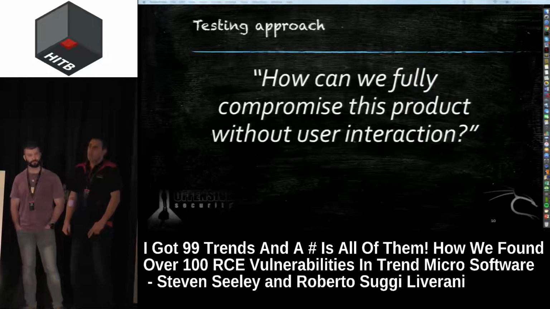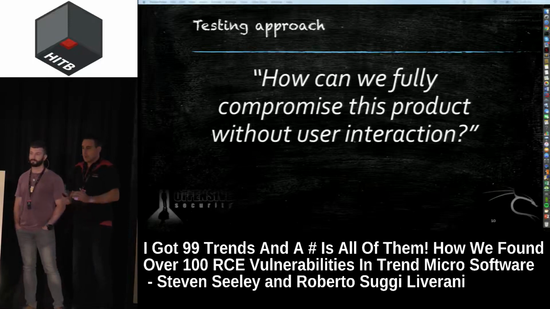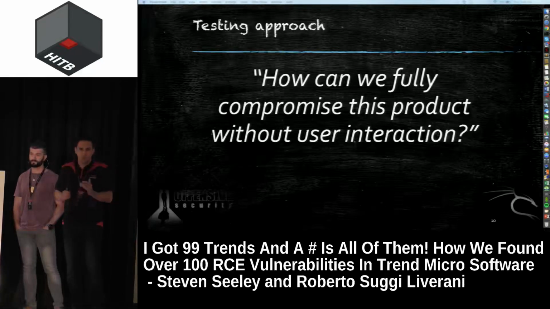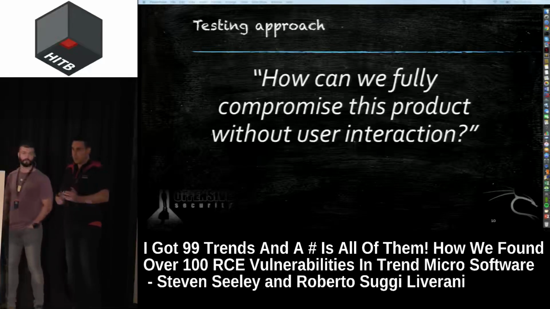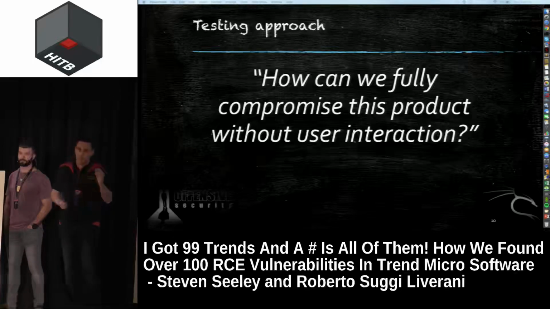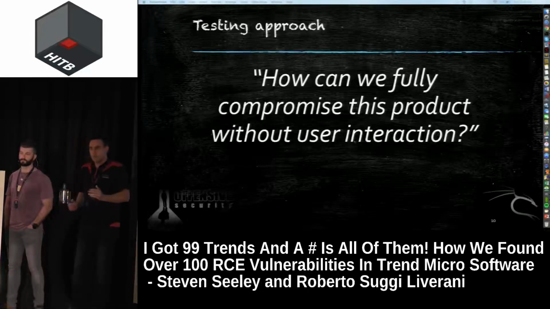Testing approach. The testing approach we took in this research started from attempting to respond to this question: how can we fully compromise a product without user interaction? That was the aim. It all started from that question, and the testing approach we followed was always trying to come back to this point.